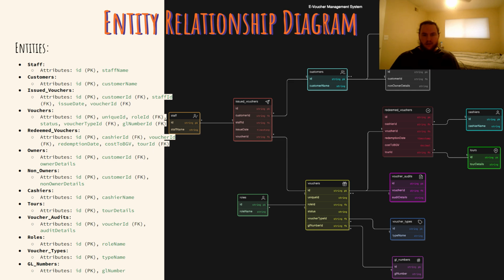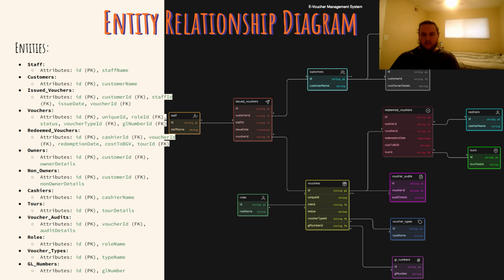The next is the issued vouchers, and this obviously just tracks the vouchers that are issued to the customers, and it links the customers, the staff, and the specific voucher that was issued all into one. And it includes the customer ID, staff ID, voucher ID, issue date, and then whoever issued the voucher.